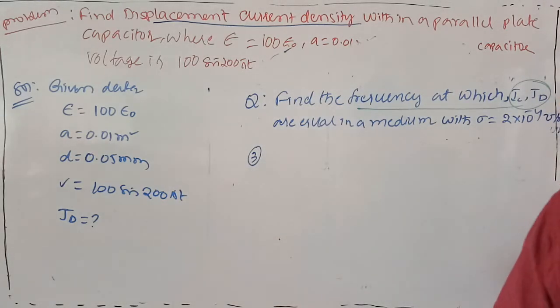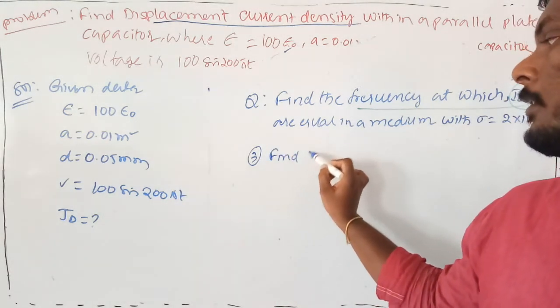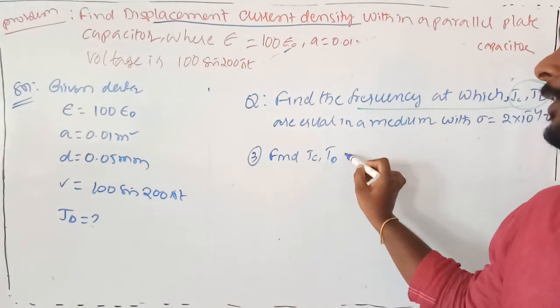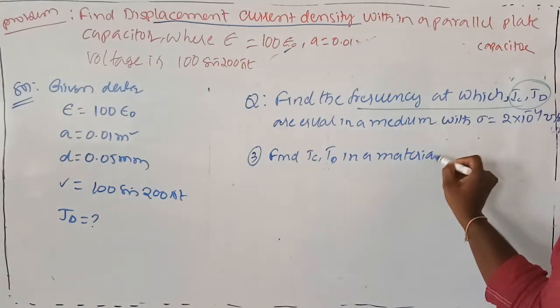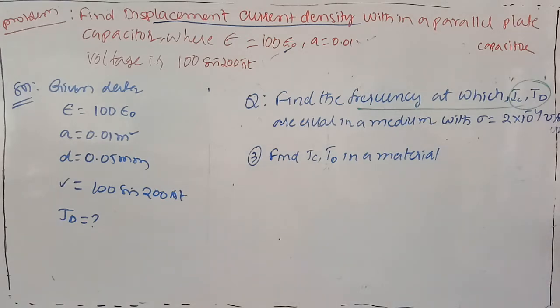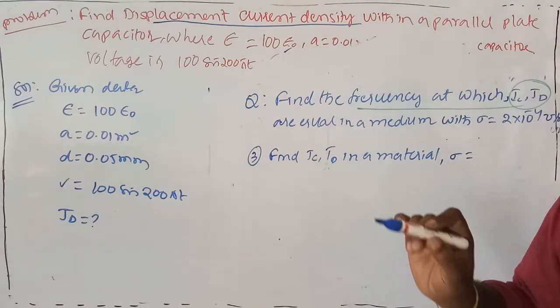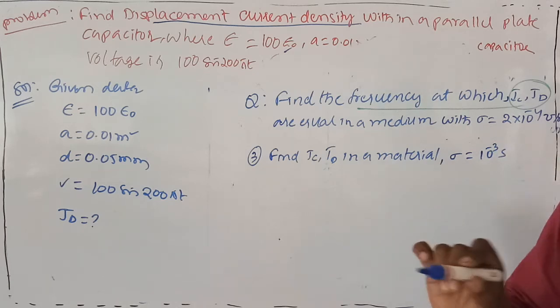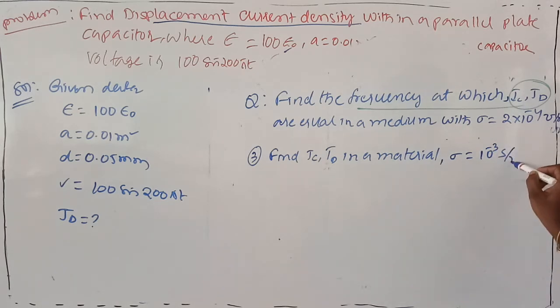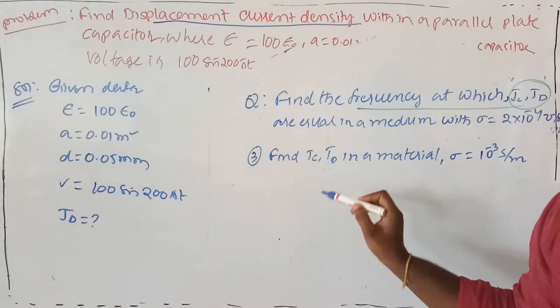Find the conduction and displacement current densities, JC and JD, in a material having conductivity sigma of 10 to the power of minus 3 Siemens per meter, and epsilon r equals 3.